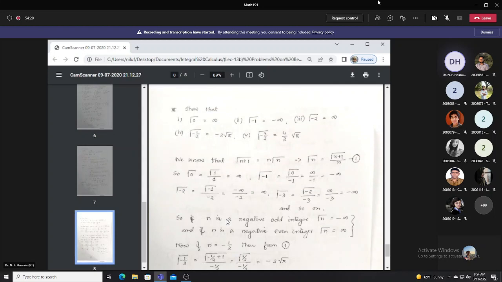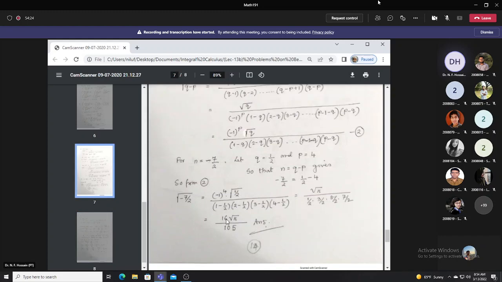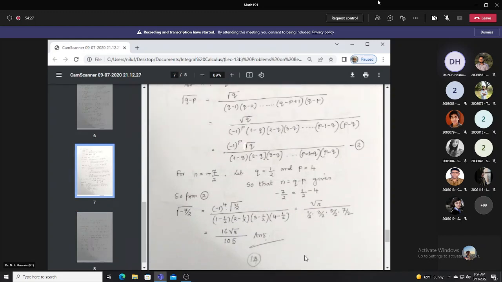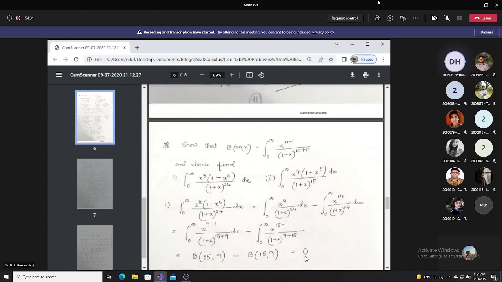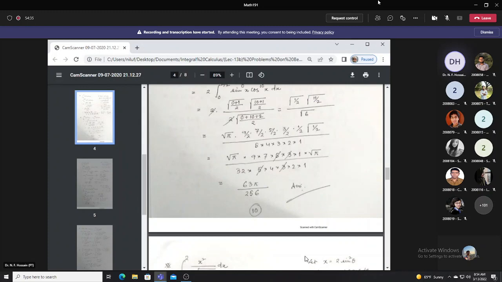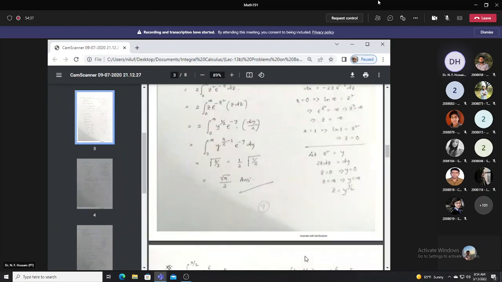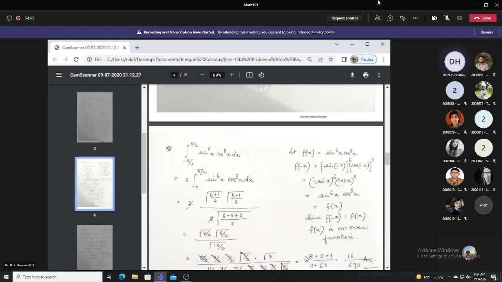But if you need, we can do something from this file also in our next class. Our time is over. Here we have done up to page number 3. So if you want, we can start from page number 4. Okay, I am ending our class here.